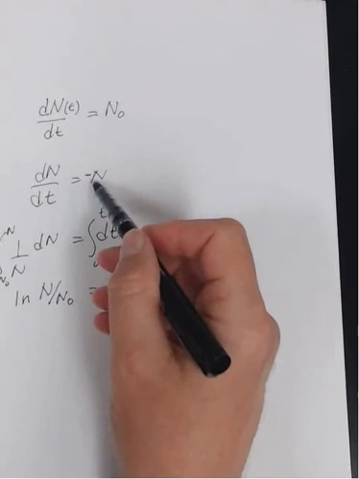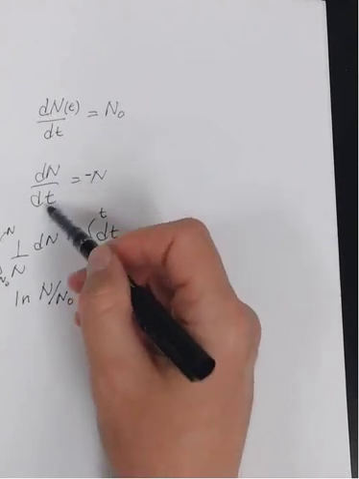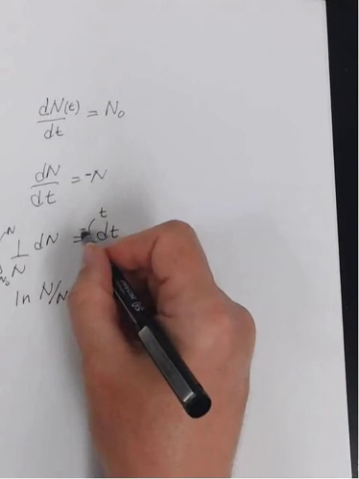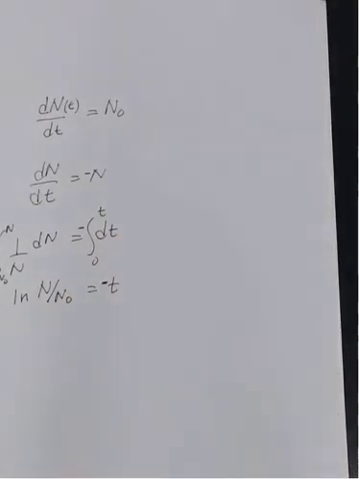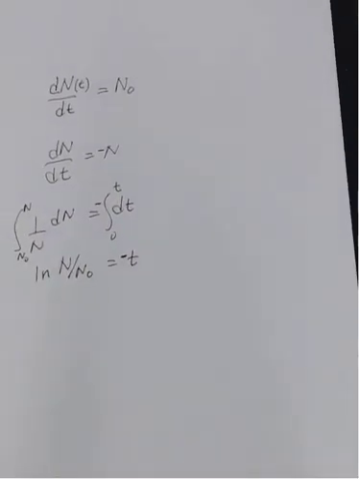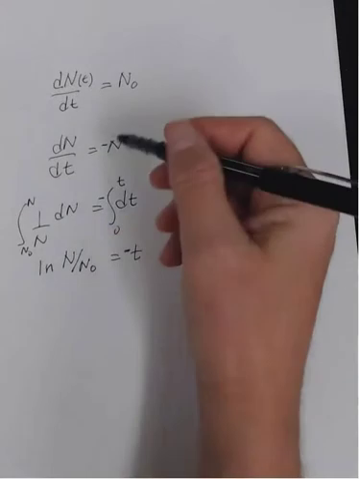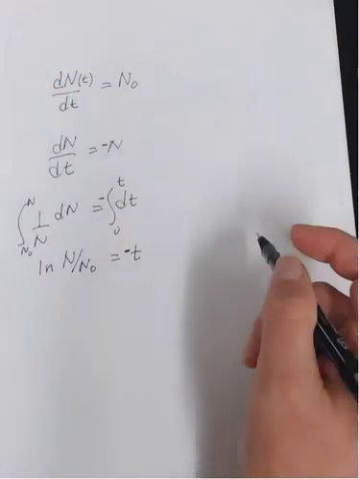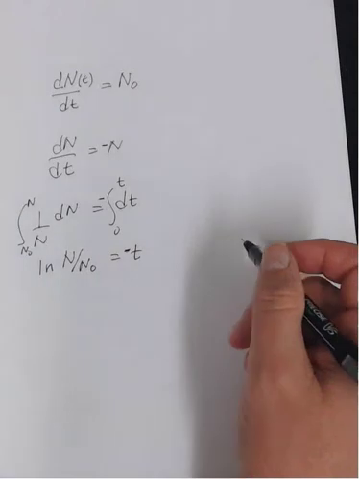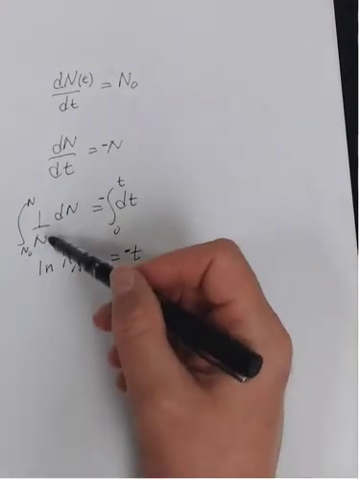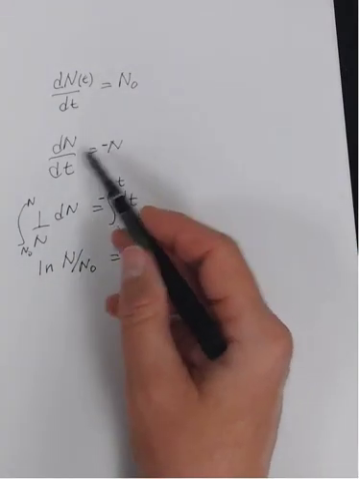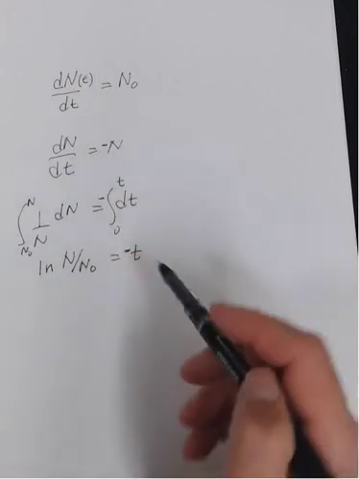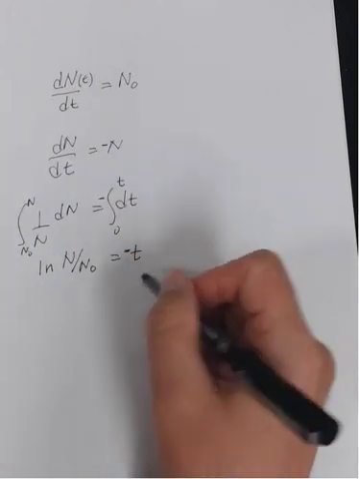The change is negative. So you've got to put that negative sign there. So yeah, this just tells you that the change is negative. We're assuming the number of particles goes down as they decay. So then move the 1 over n over here, leave the negative sign over here, bring the dt up, integrate, and we get this.